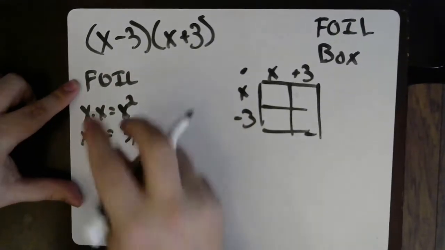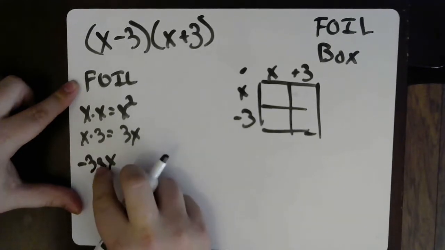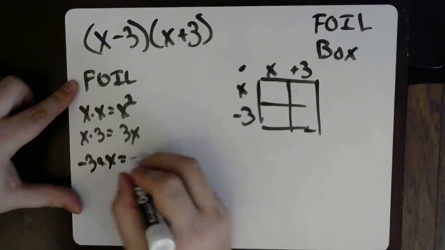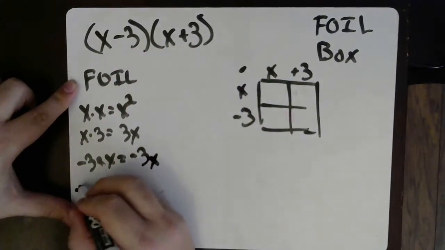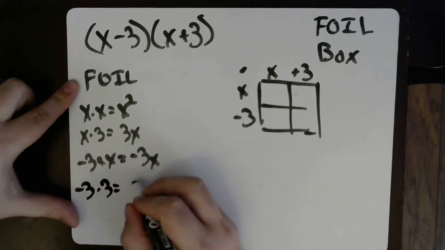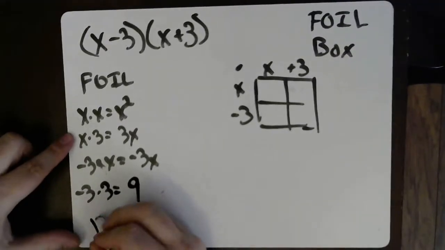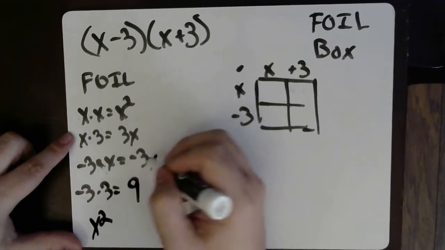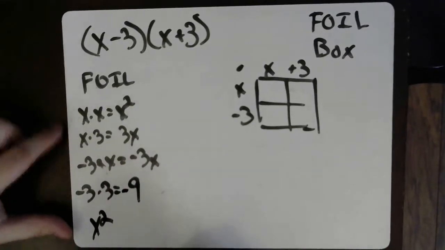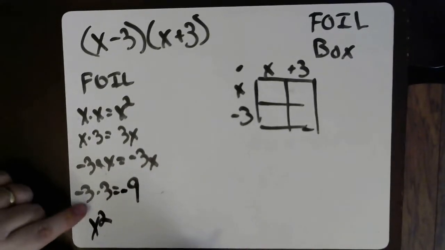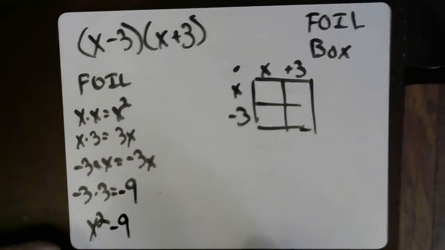Inside: negative 3 times x, don't forget that negative, is equal to negative 3x. Last: negative 3 times 3 is negative 9. Let's combine these. x squared you can't combine with anything. 3x minus 3x is 0, so I'm not even going to write that down. All I have left is a negative 9.